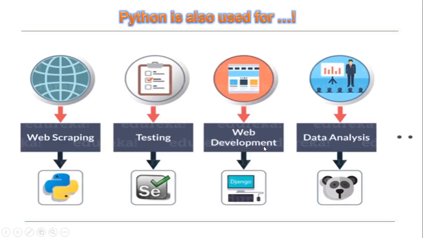For example, Django is a Python framework which is completely MVC pattern based. Using that we can develop web applications also. Flask also has this feature. And data analysis using Python.